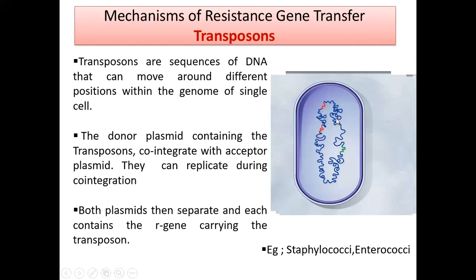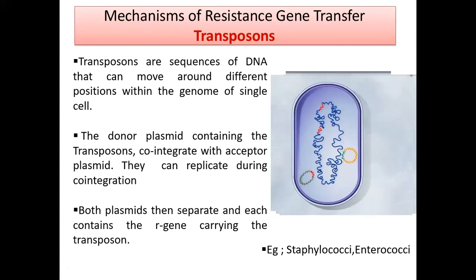This green part directly jumps to another location. Now you can see the two different plasmids are carrying one red transposon and one green transposon, which have the R genes, right? So here you can see the red and green parts.